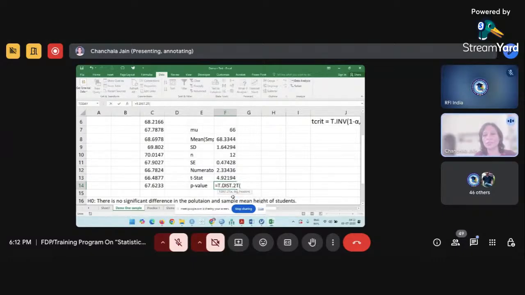This is asking me to provide the X. X is your calculated T value or T stat. Comma. Then the degrees of freedom. Degrees of freedom will be n minus 1, which is 11. Maybe you can select and type minus 1 or you can directly enter 11 also. Both ways will work. Right?